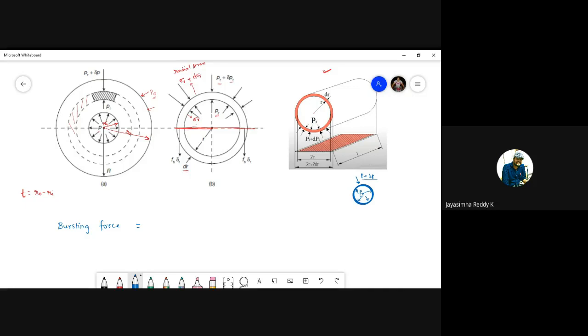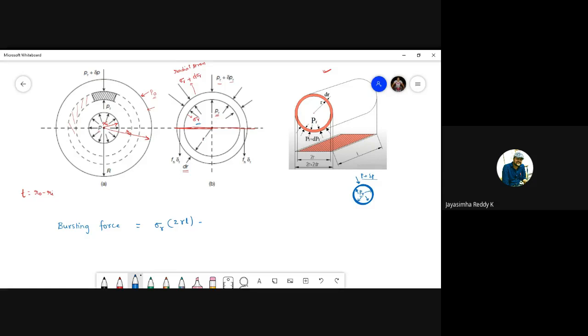So here I have stresses, right? Sigma r is the stress multiplied by area. The area on which it is acting is 2 into r into L, so 2rL.